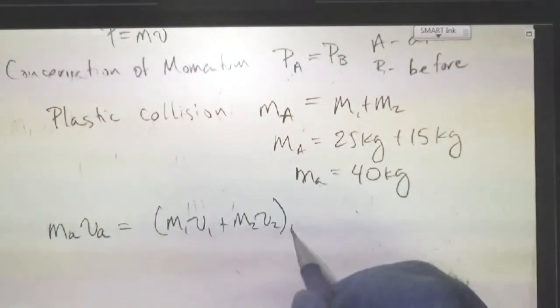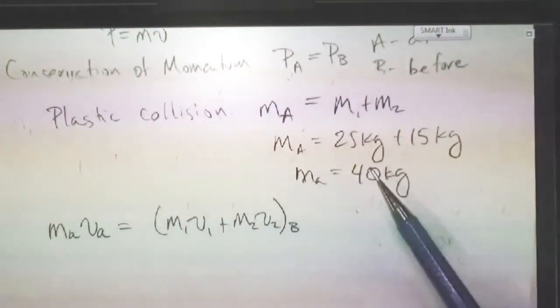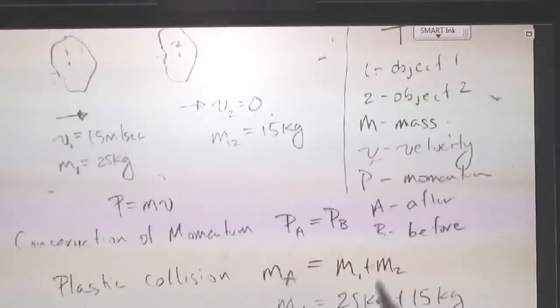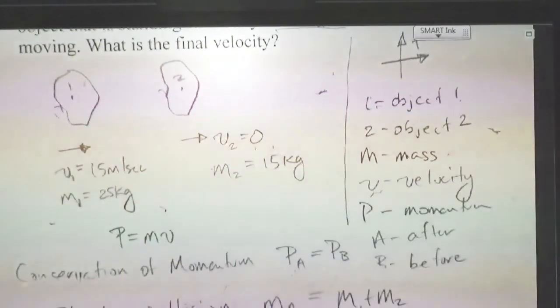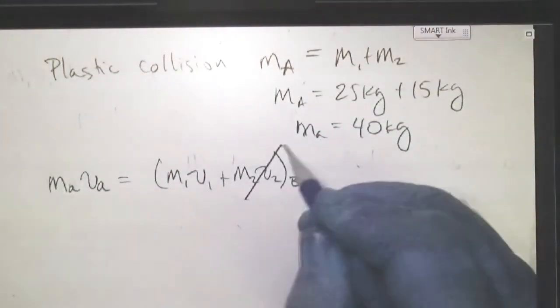We're going to keep that B for before notation in there, so we're tracking that. Now, if we look up here at our original problem statement, we realize that this V2 is 0. So we can look down here at this term and cancel that out completely.